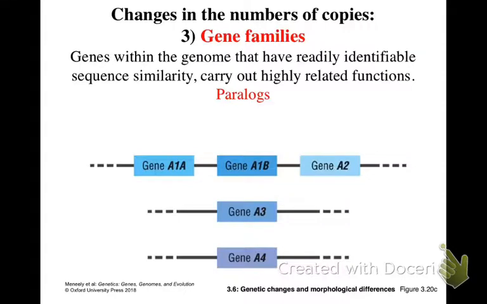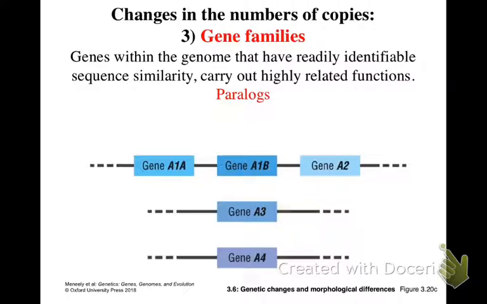That takes us to a concept of gene families. Gene families are genes within the genome that have readily identifiable sequence similarity, and they carry out very similar functions. So again, we're back on this subject of paralogs. Inside the organism, we have genes that are duplicated, and then they can be co-opted to have different functions.